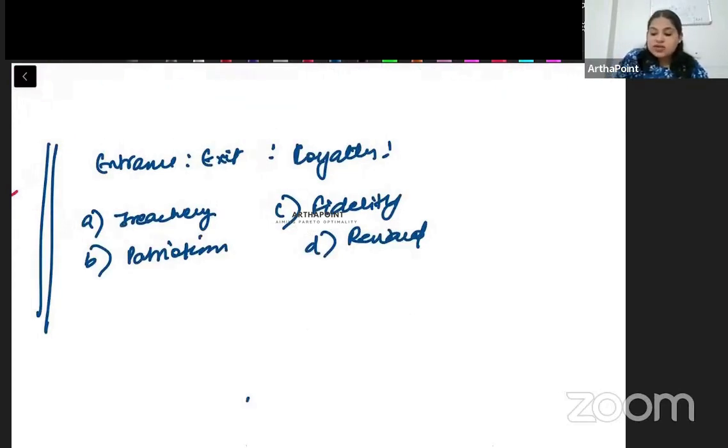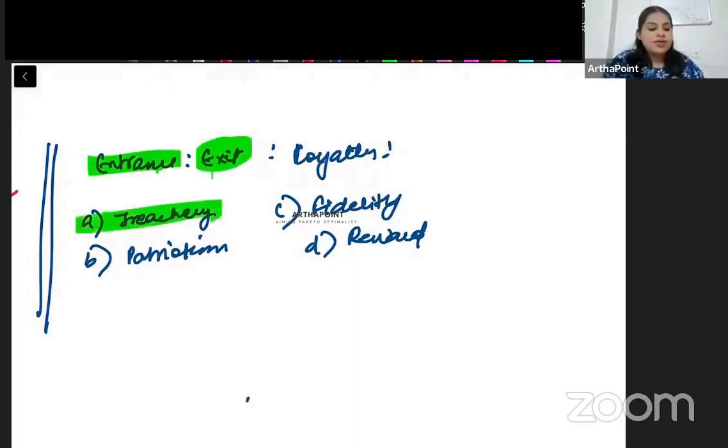Entrance का opposite exit है. So you should know what is the opposite of loyalty. Are you getting it? That is what is the question in this case. So these are analogies. ऐसे questions exam में आएंगे कल. It will come tomorrow. Okay, so you must know these kind of questions.